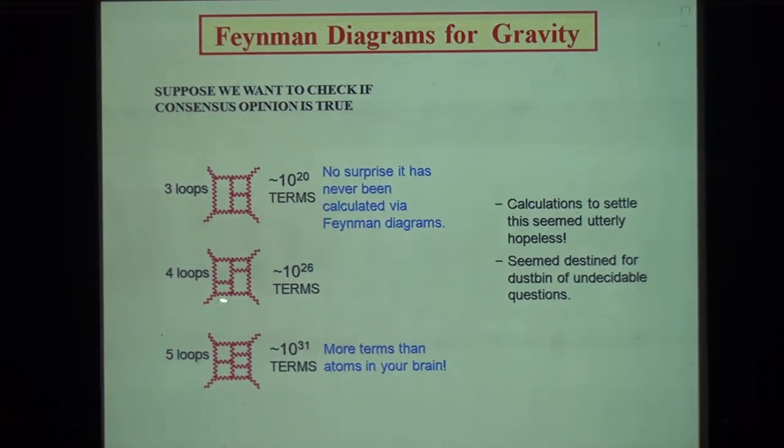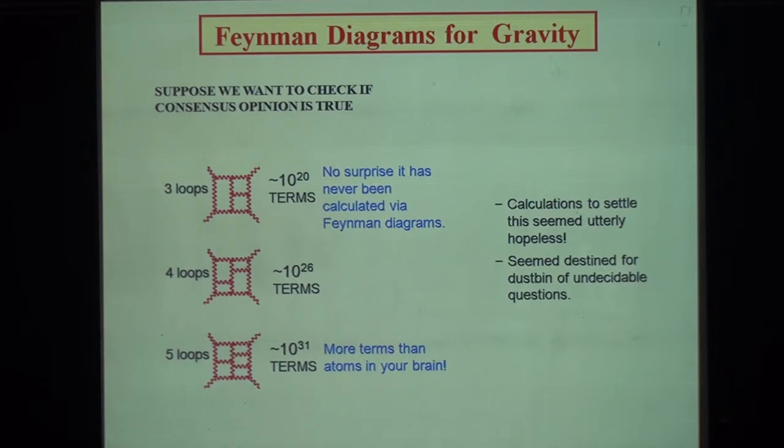And the answer is good luck. It's just not viable. Even with today's modern computers, you try touching one of these things. By 3 loops, even this one diagram can have as many as 10 to the 20th terms in it. At 5 loops, 10 to the 31, which, by the way, is more terms than atoms in your average graduate student's brain.